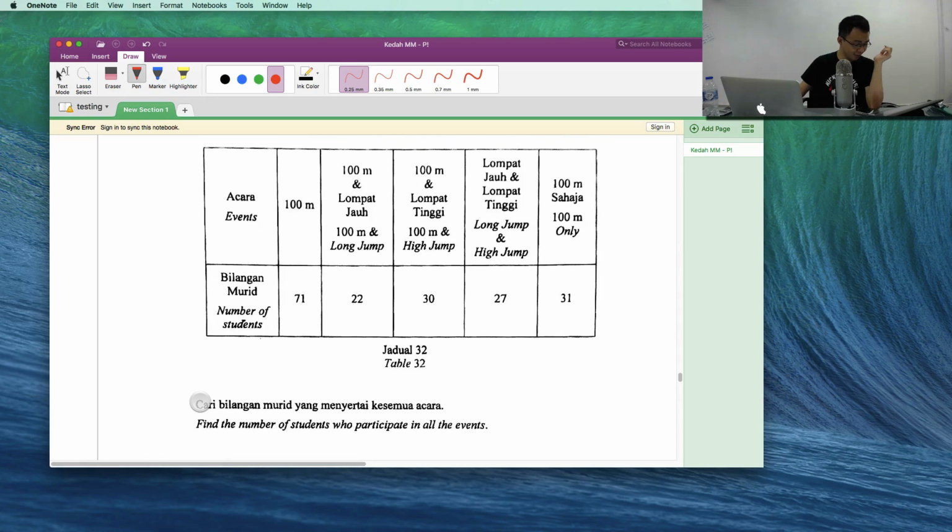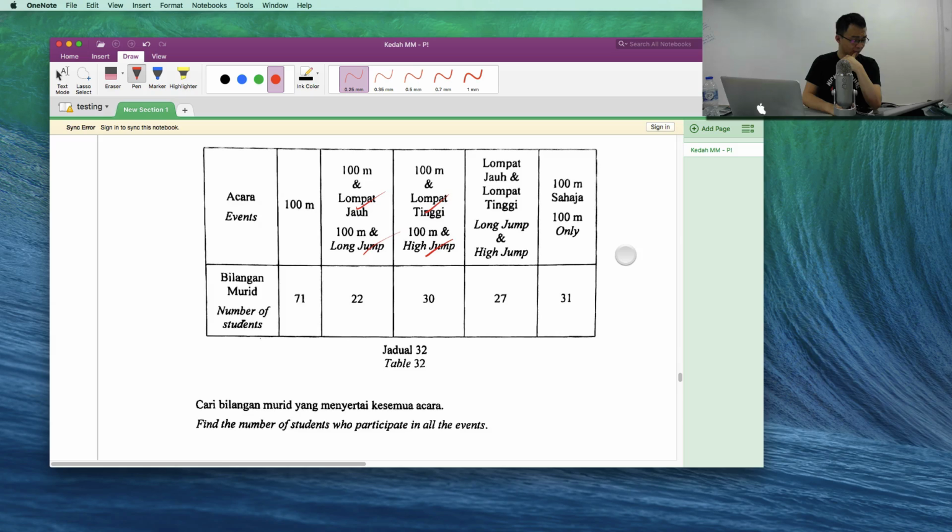Because some actually took quite a few activities, they ask you to find the number of students who participate in all events. So 100. Okay, everyone does 100 except this one. Everyone also does lompat jauh, and all of them also do this one.